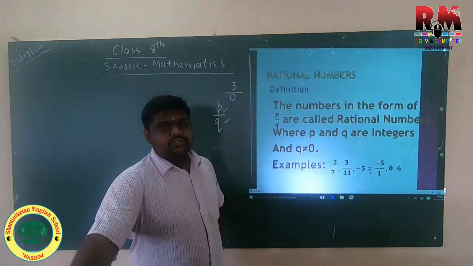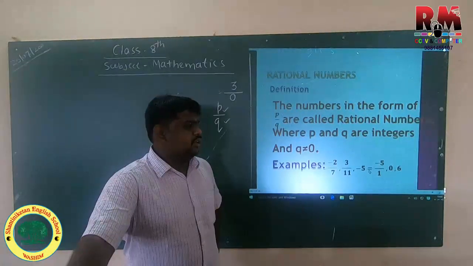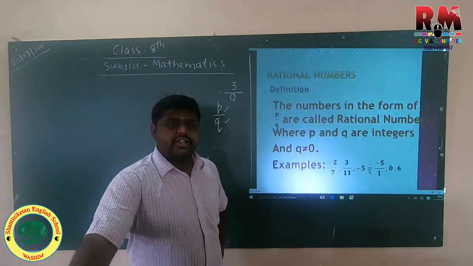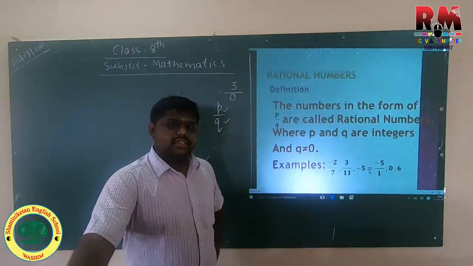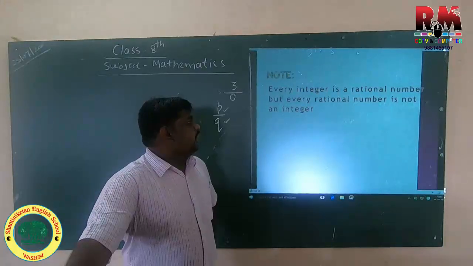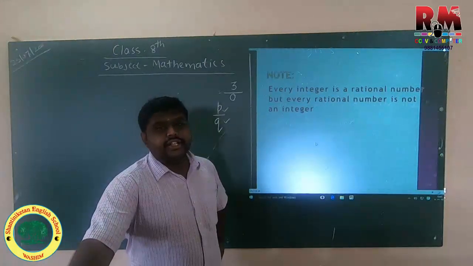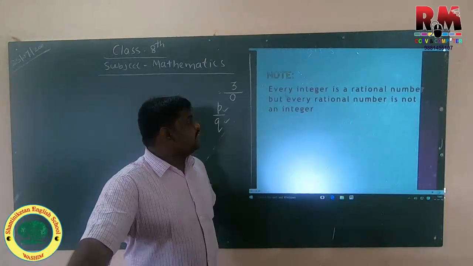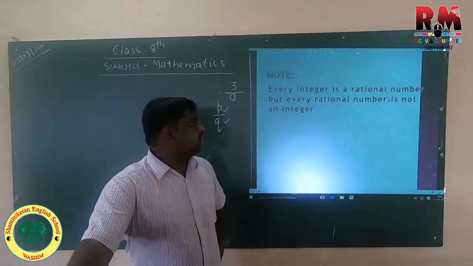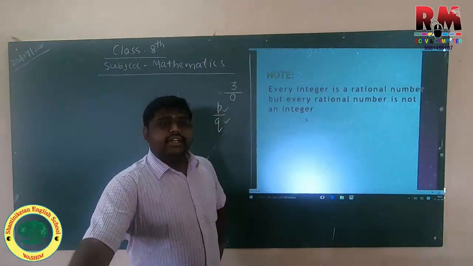Now 0 can be written as 0 upon 1, so 0 is also a rational number. Similarly 6 can be written as 6 upon 1, so 6 is also a rational number. Now note that every integer is a rational number, but every rational number is not an integer.